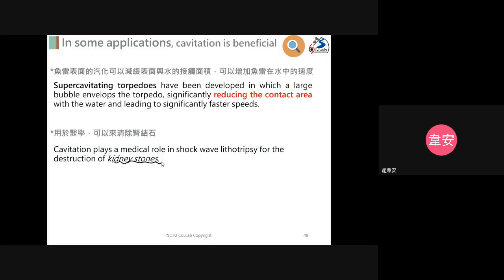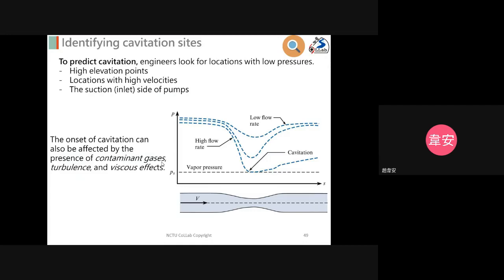advantages of cavitation. So for engineering problems, we would like to predict cavitation. There are some locations with low pressure. As we know, if we move to high elevation points, we will have lower pressure.